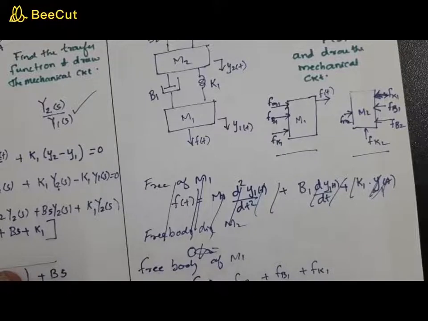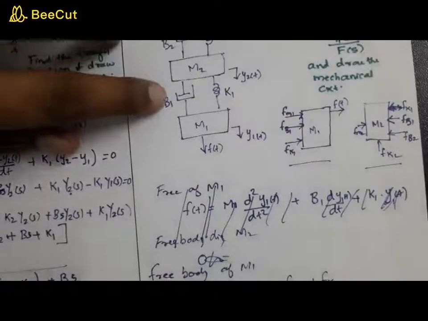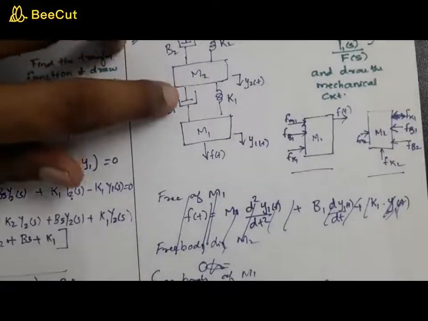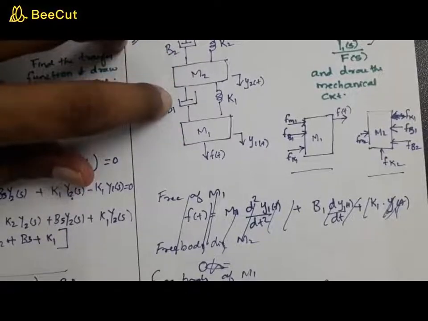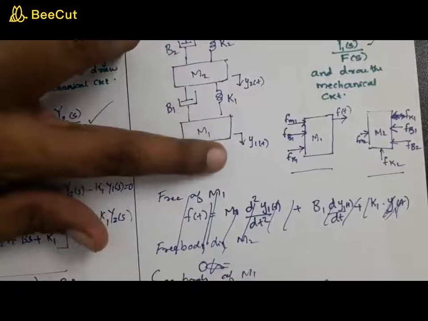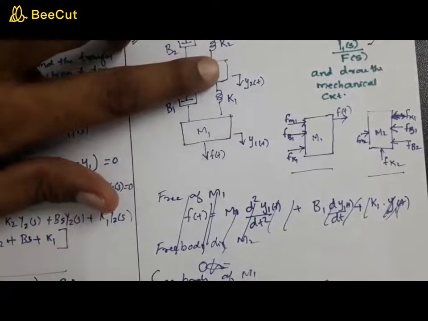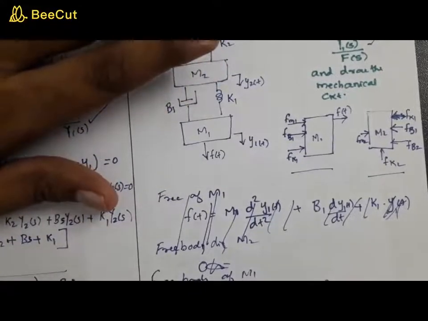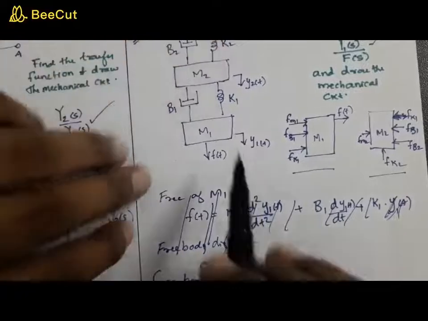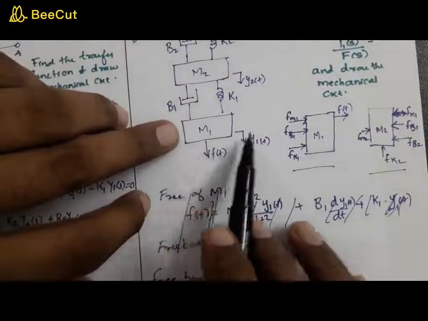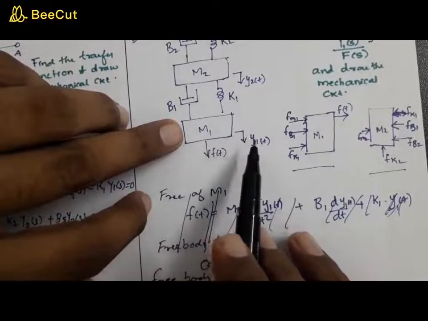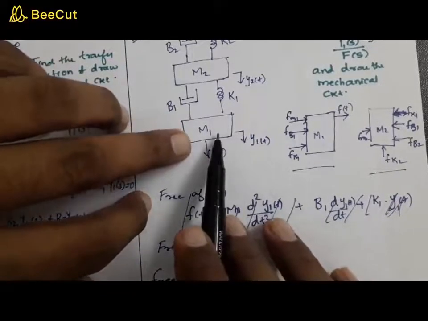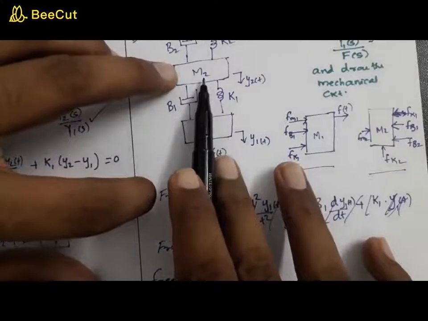Now coming to Fb1, there is a speciality in Fb1. This B1 is connected to both M1 and M2. That means this B1 experiences a displacement Y1 as well as Y2. So there must be a net displacement. Since you're writing the equation for M1, the net displacement will be the displacement due to M1 minus the displacement due to M2.